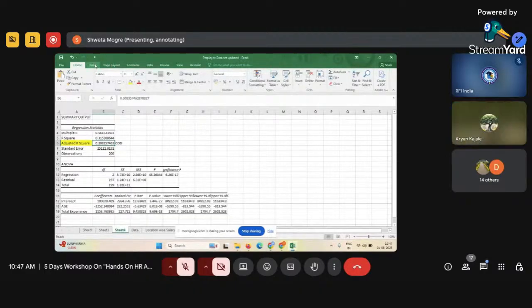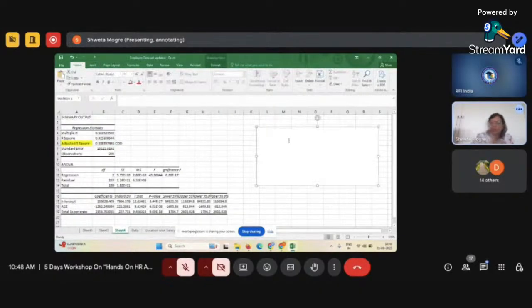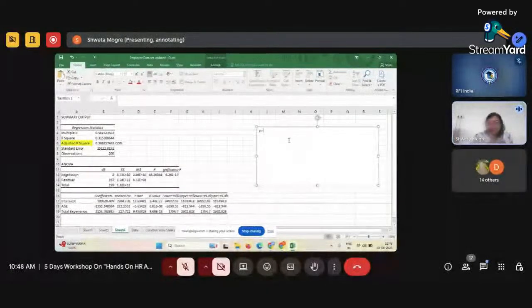Yes, ma'am. Now, can anybody give me the idea about the equation? Please note it down. Whenever we are talking about multiple regression, the equation y equals a plus bx is now written as b0 plus b1x1 plus b2x2 plus b3x3. It depends upon how many independent variables you have. In such a way, we write our regression equation.